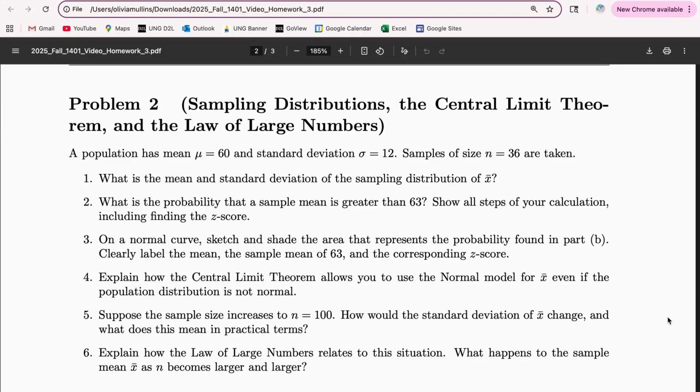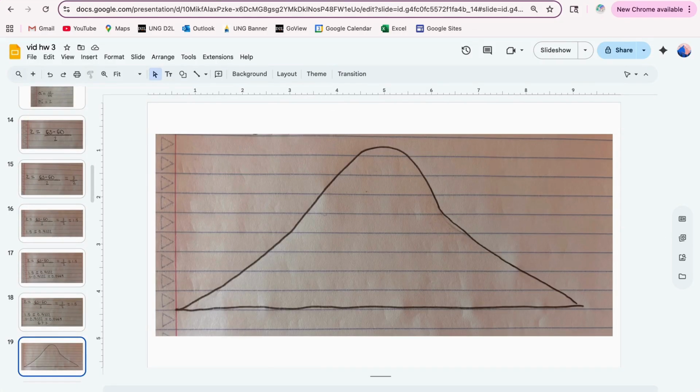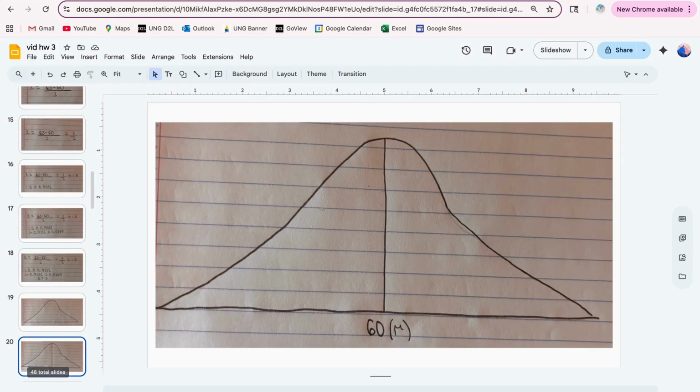Question 3 says, on a normal curve, sketch and shade the area that represents the probability found in part B. Clearly label the mean, the sample mean of 63, and the corresponding z-score. To start, we want to draw a horizontal line and a bell curve. Label the mean of 60 in the center.